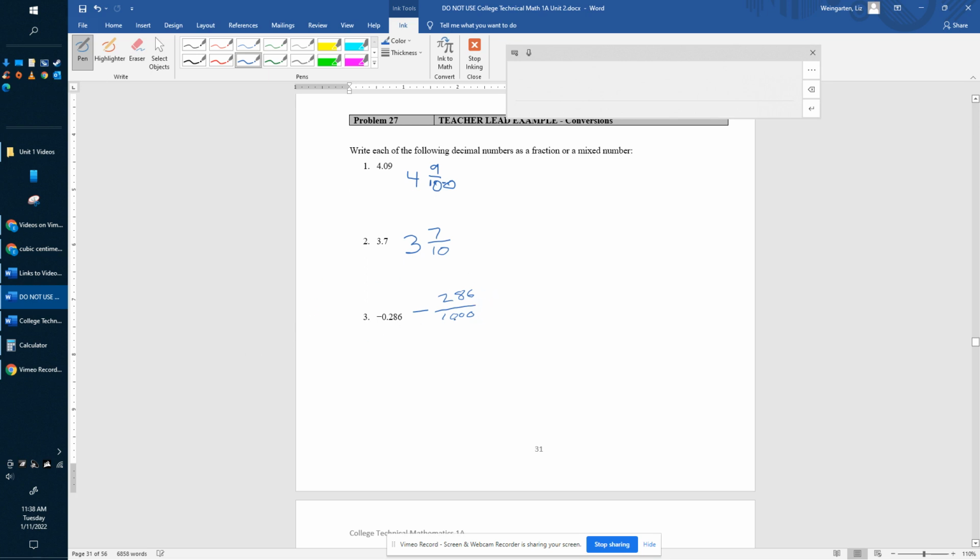Now, I know both of these numbers are divisible by 2, so let's take these numbers and divide them by 2. 143. Can we think of any other things that both these numbers are divisible by? There actually are none. So this is our final answer. That is our final fraction.